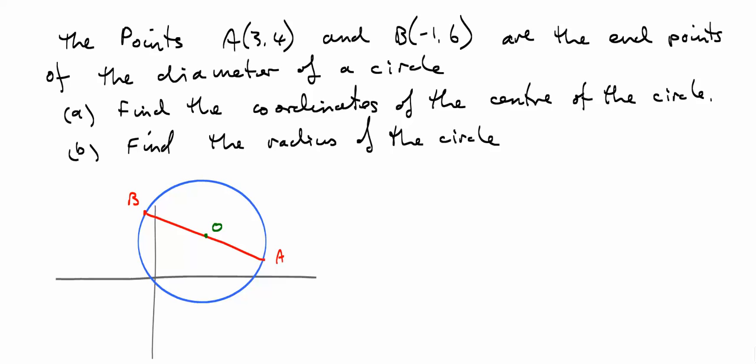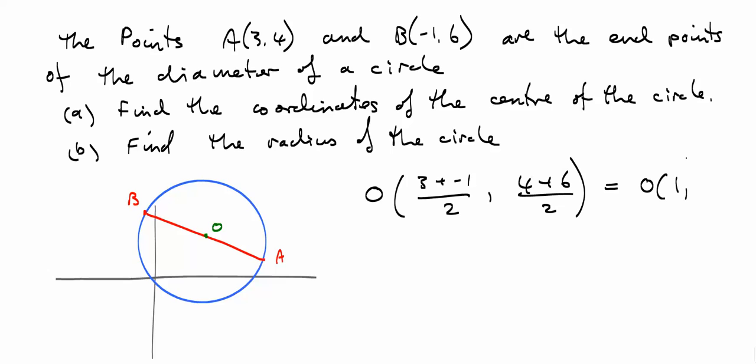The centre of the circle O is the midpoint of a diameter, so it has coordinates (3 plus minus 1) over 2, which is x1 plus x2 over 2, and (4 plus 6) over 2, which is y1 plus y2 over 2. So 3 minus 1 is 2 over 2 is 1, and 4 and 6 is 10 over 2, which is 5. So the coordinates of the centre are (1, 5).